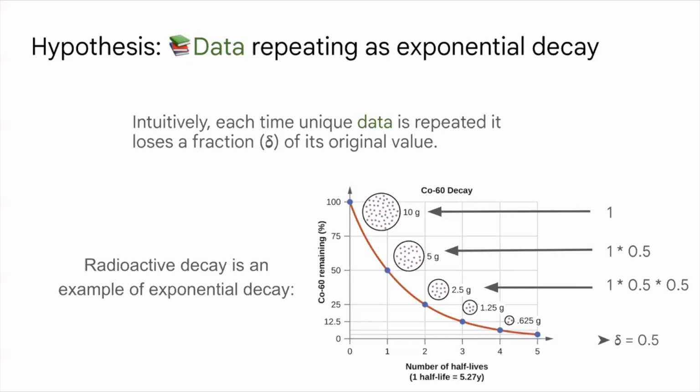Intuitively, that means that each time the unique data is repeated, it loses some fraction delta of its original value. This is similar to radioactive decay in nature, and exponential decay appears in many other areas. In radioactive decay, for example, you start with 10 grams and then it halves to 5 grams, then to 2.5 and so on. So you always lose a fraction delta of the prior value.